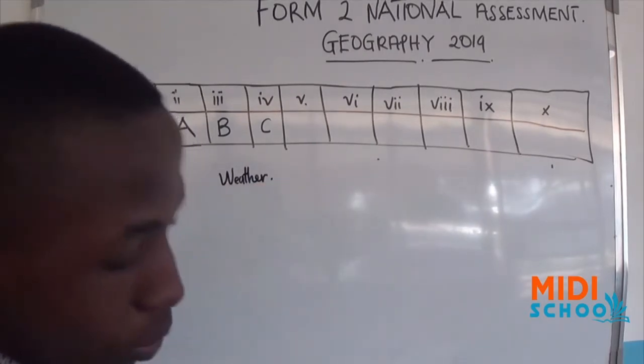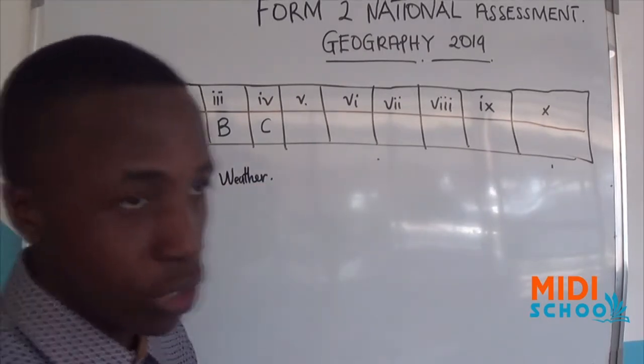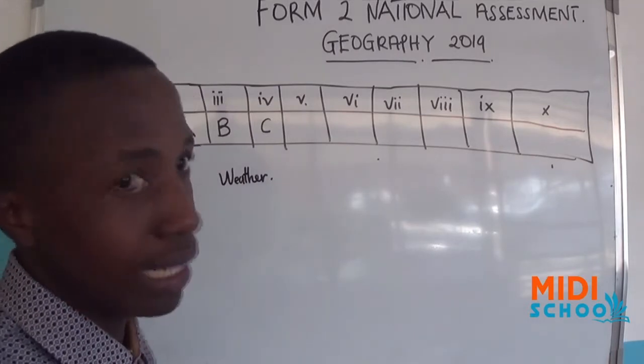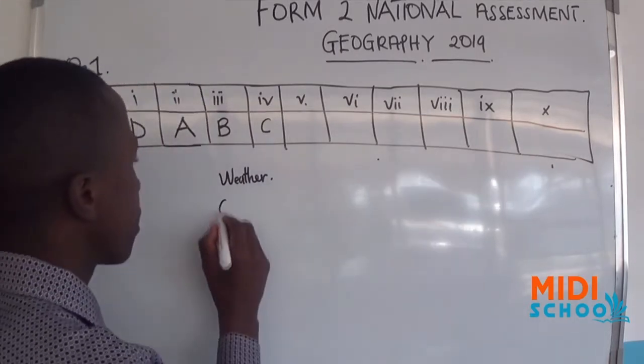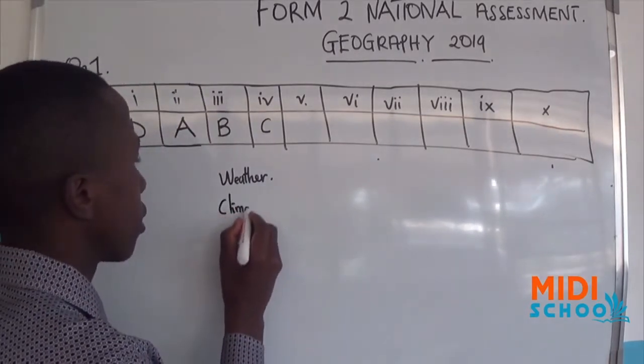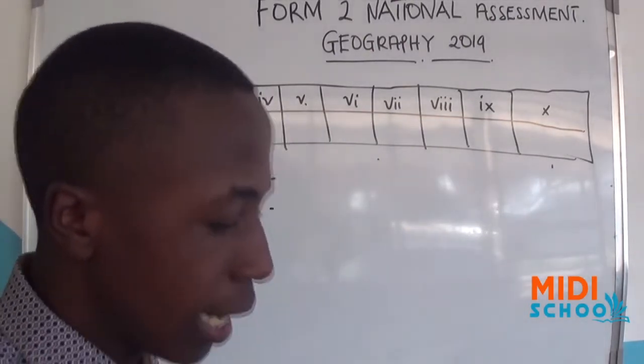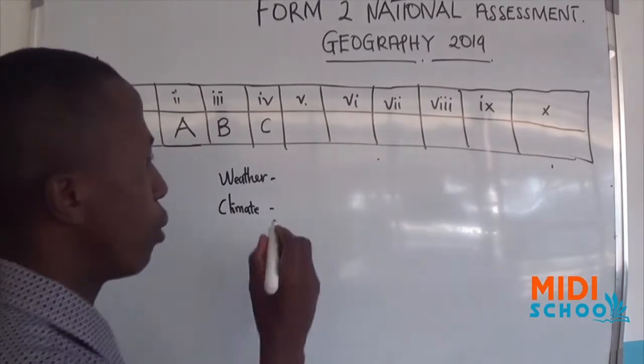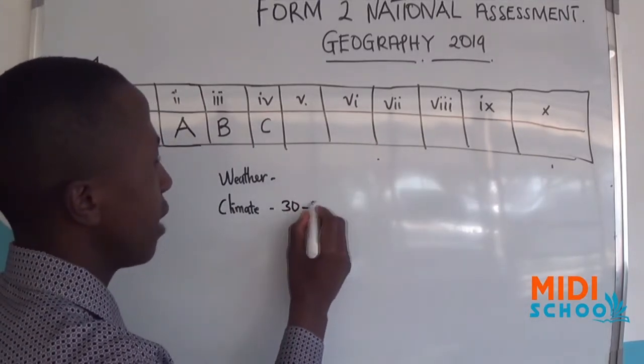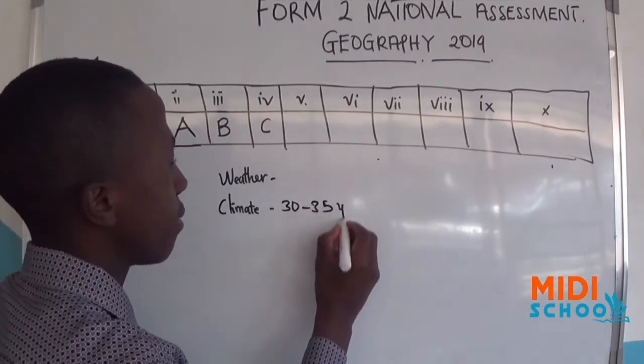Weather is a condition of atmosphere that is recorded for a short period of time, specifically a day. But climate is an atmospheric condition that is recorded for a long period of time, approximately 30 to 45 years.